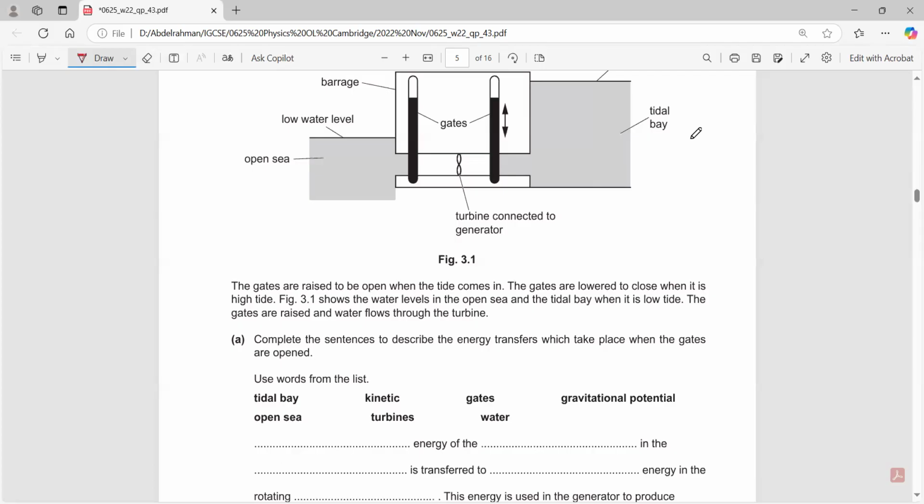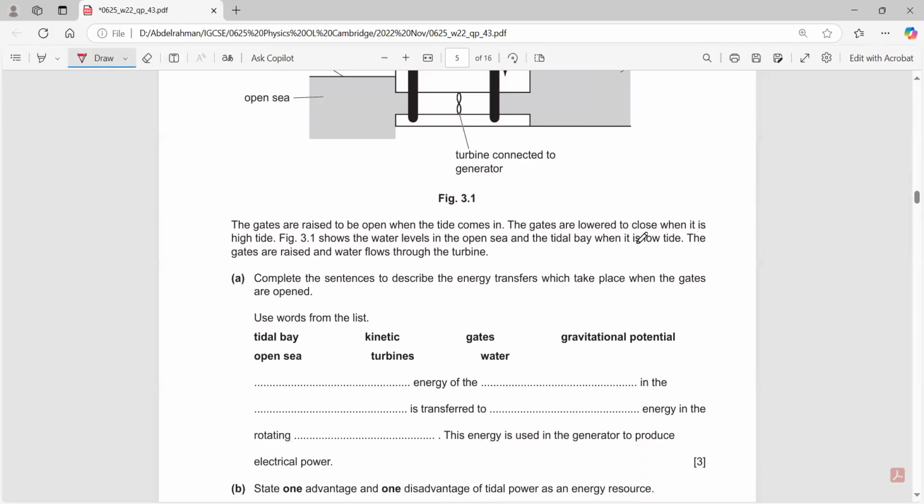When the gates are opened, let's use the words from this list. We have tidal bay, the kinetic energy, the gates, the gravitational potential energy, the sea, turbines, water. What energy of the what in the what is transferred? Let's try to make up a useful sentence.